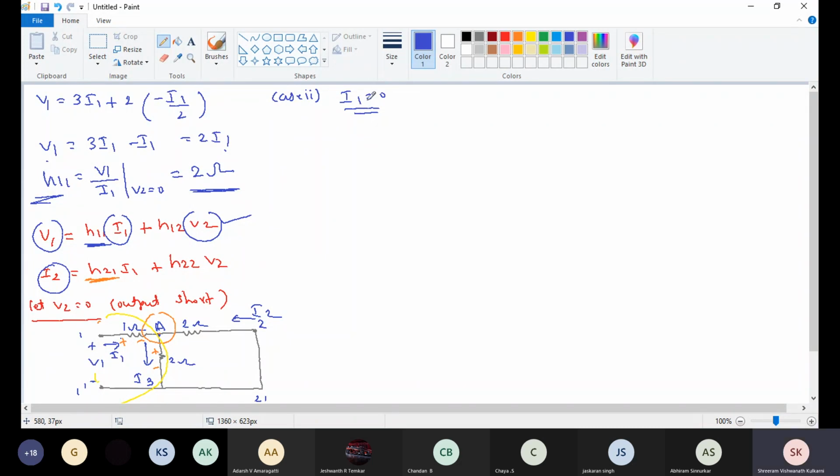Now we need to redraw the circuit for I1 equals to 0. See here, V1 plus minus, V2 plus minus, I2 is flowing here.